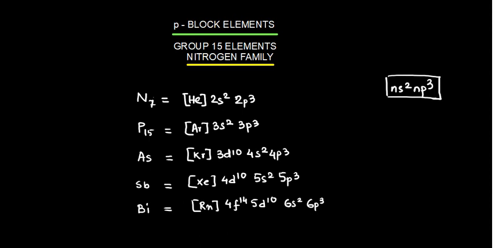Now if we have a look at nitrogen, it is the very first member of this group. So if we consider the first member of the group, they have some anomalous behavior. So what are the anomalous behavior for nitrogen? So anomalous nature or behavior of nitrogen, since it is the first member.